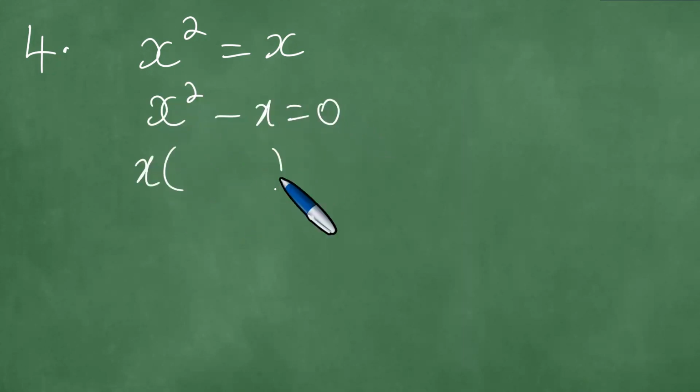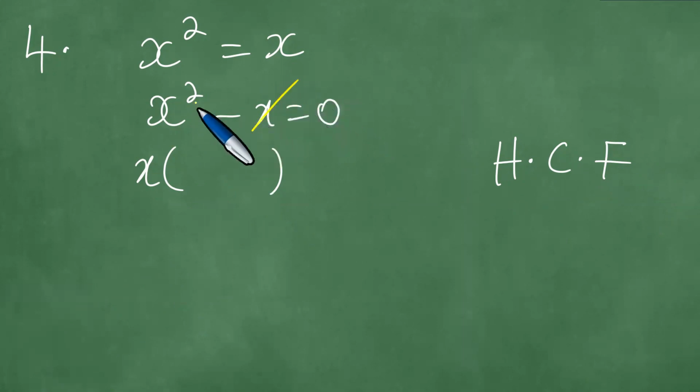Then you pull out the highest common factor, which here is x. If you pull out x, you're going to be left with a 1 here. So this becomes x minus 1 equals 0.